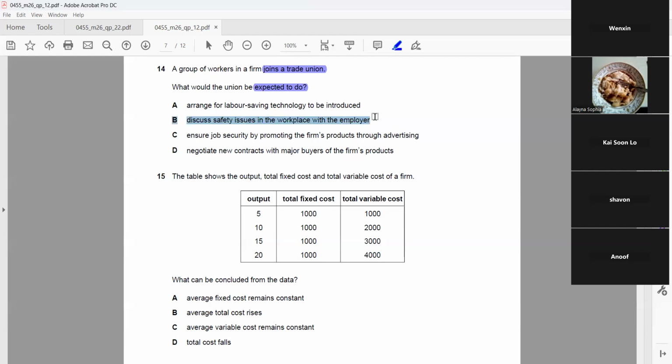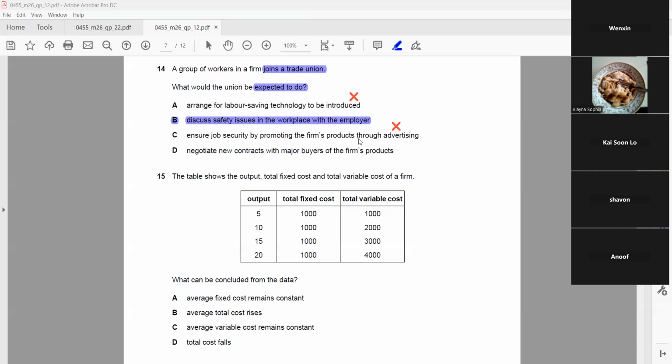The answer is B. Discuss the safety issue in the workplace with the employer, to ensure that there's a safe working environment for the workers. You cannot pick A, arrange for labor-saving technology to be introduced, not so relevant for the trade union. Ensure job security by promoting the firm's products through advertising.